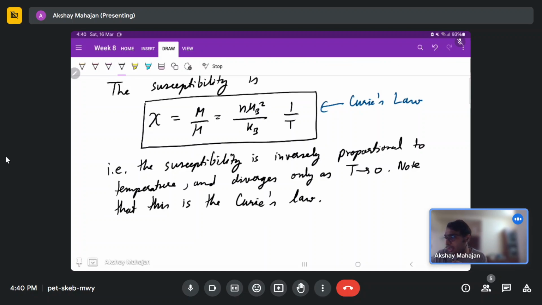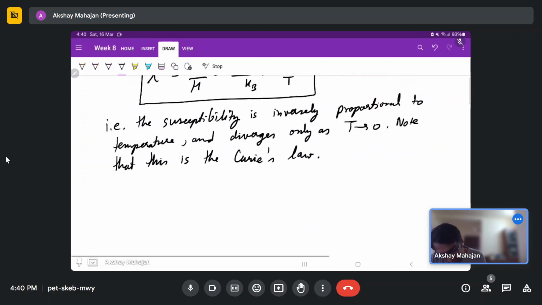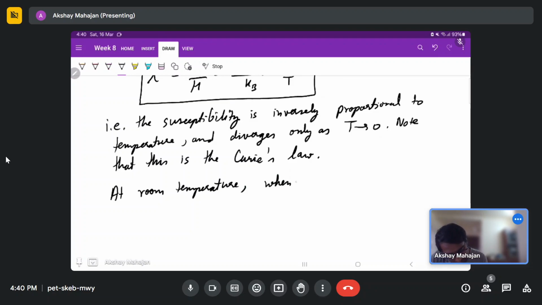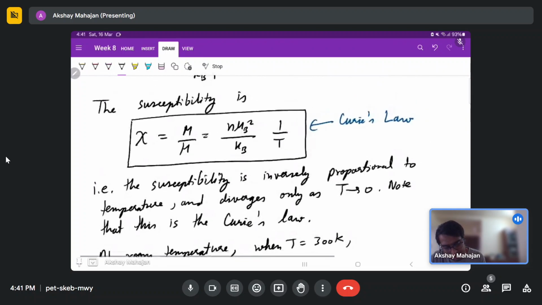Now we have to find this value at room temperature. So at room temperature, when T is equal to 300 Kelvin, now in dimensionless units, if I have to write in dimensionless units, this formula is generally in the CGS units.